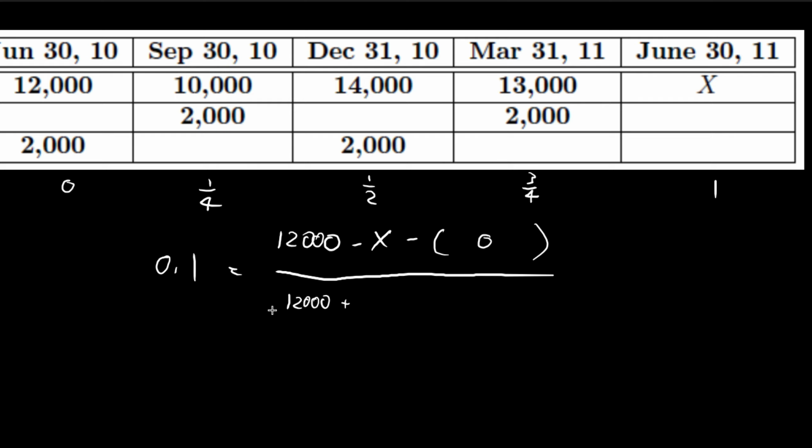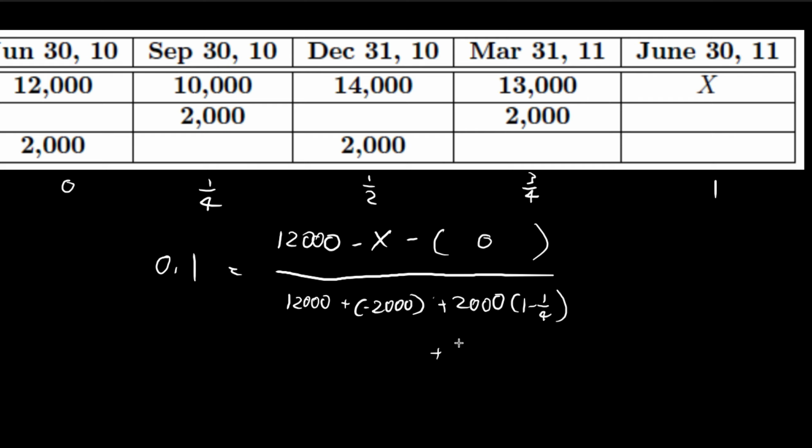Now we can apply this to the formula for the dollar-weighted rate of return. The first cash flow is a withdrawal of 2,000, so that's minus 2,000, multiplied by 1 minus the time that it occurs. So 1 minus 0, that's just 1. Then we add the $2,000, which is a deposit, times 1 minus 1/4.